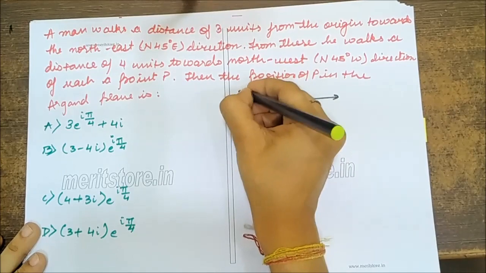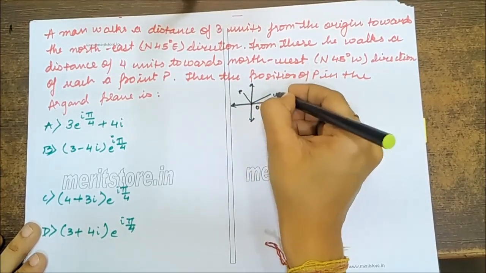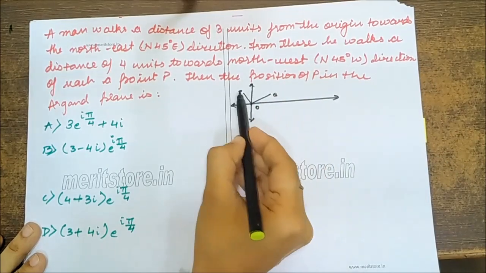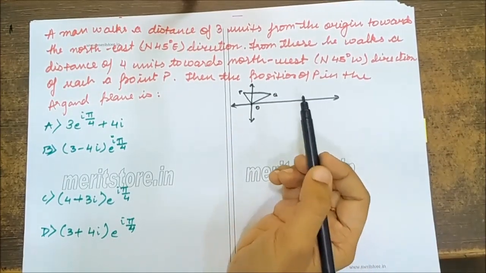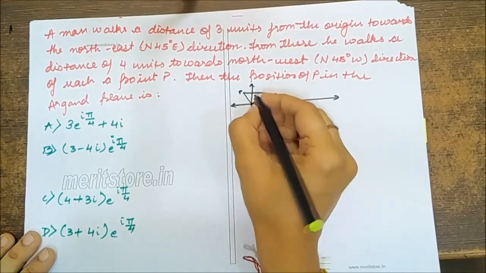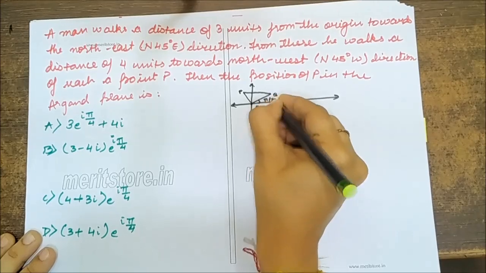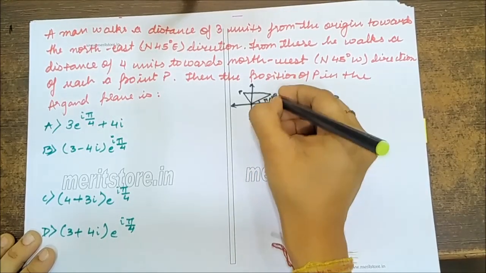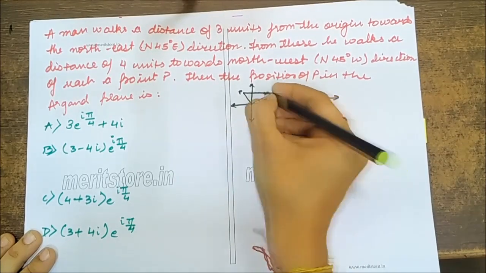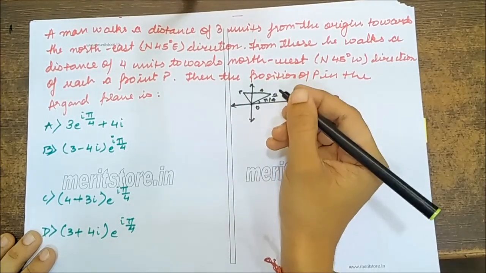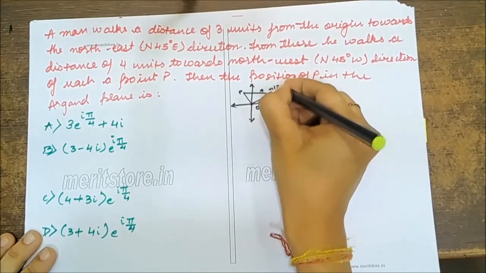Here there is point P, and here there is point Q. Joining both of them. The angle here is pi by 4. Distance is 3. Here the distance is 4. Here your angle will be pi by 2.